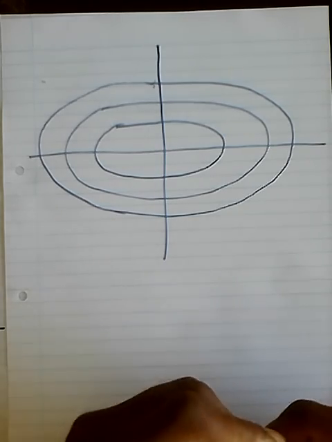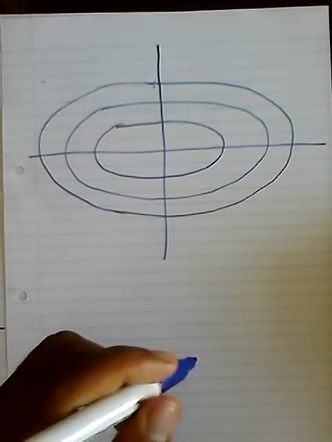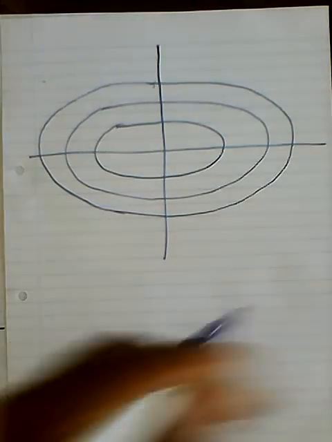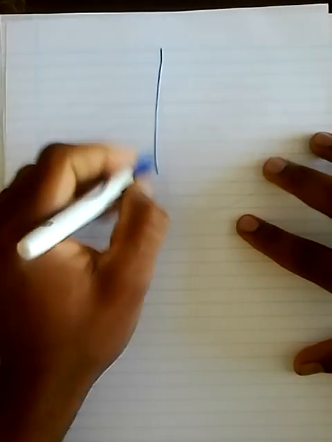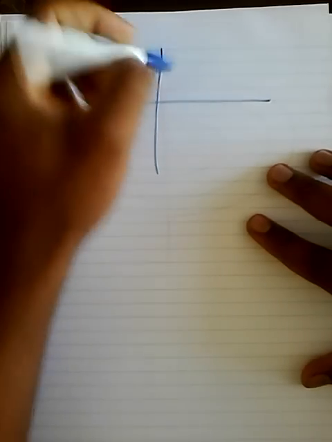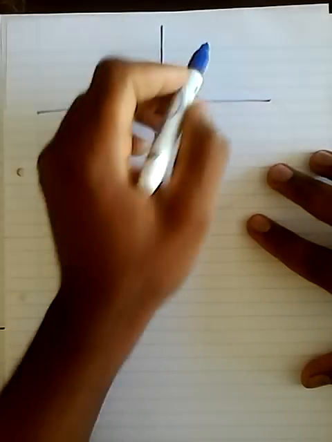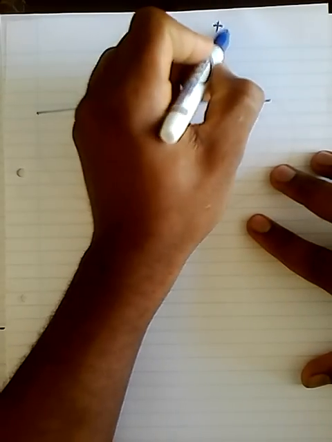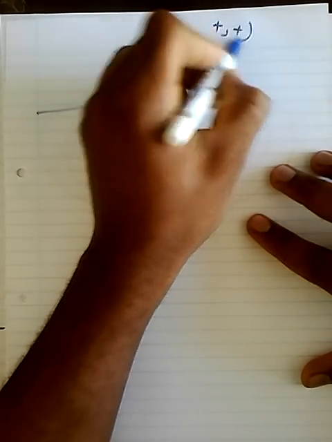Okay, now we need to determine the direction. To do that, I'm gonna come here and do something that we did while we were in high school. We know that in the first quadrant, x is positive and y is also positive.